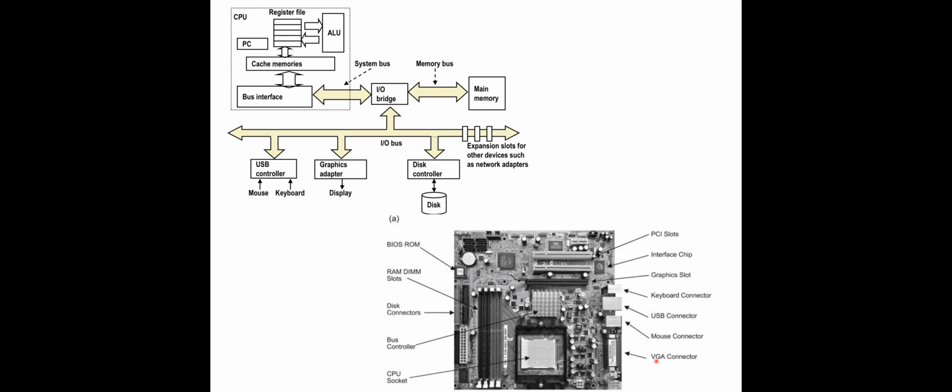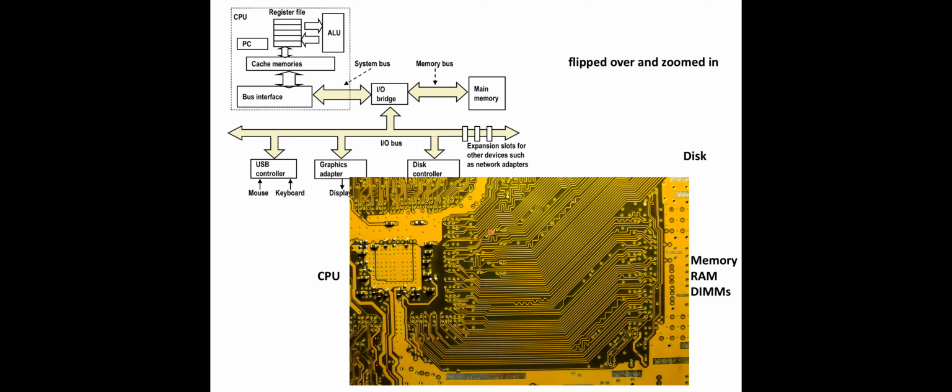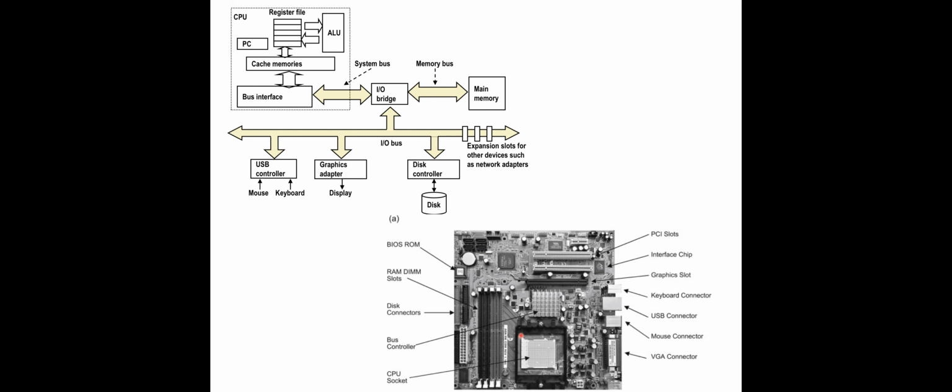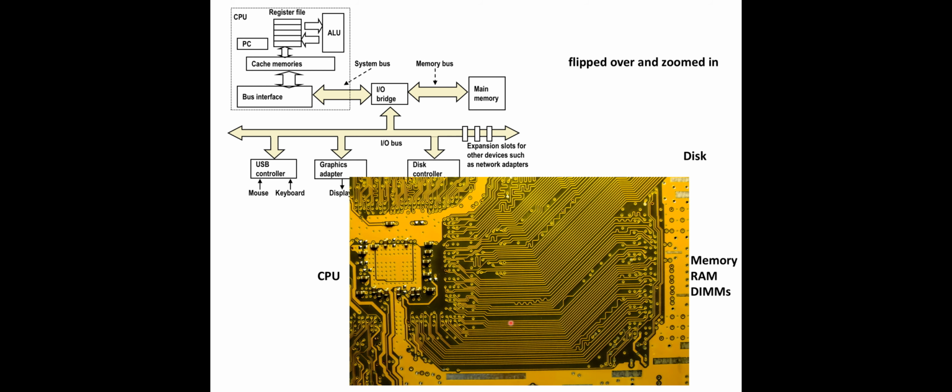Now if we were to turn this thing over, let me go back one second, you might see a little bit here, some lines. These are kind of the most prominent that you can see. There's a few over here. But if we were to turn this board over, this is more like what the back of it is. So the CPU is going to get placed on the other side of this board right here.